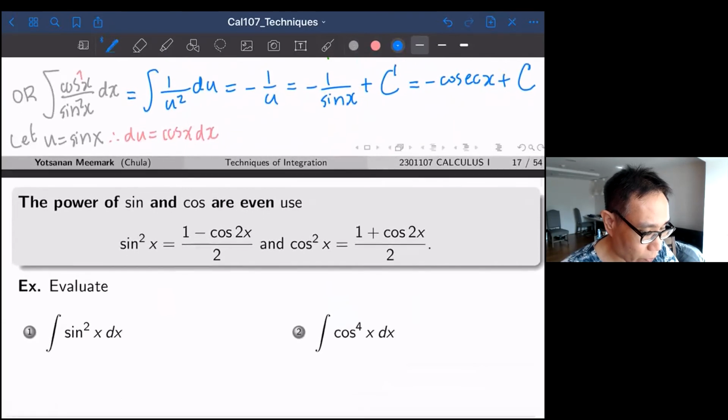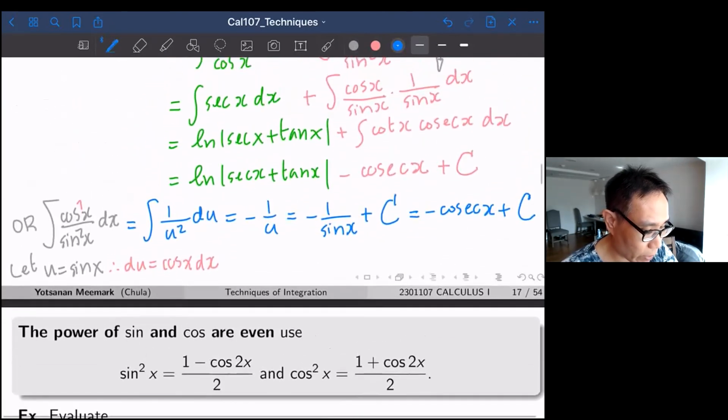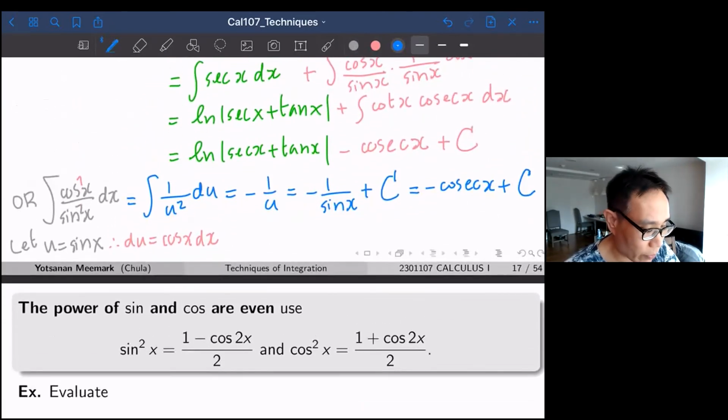The next one is what we have to deal with when the powers of sine and cosine are both even. In this case, we use sine square equal to 1 minus cos 2x over 2, and cos square equal to 1 plus cos 2x over 2.